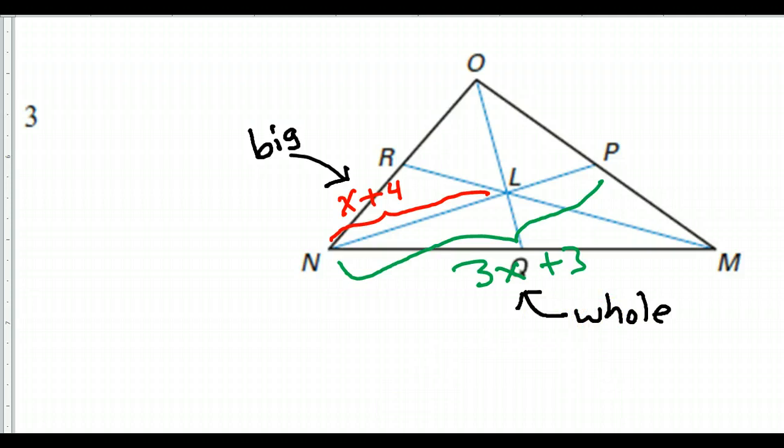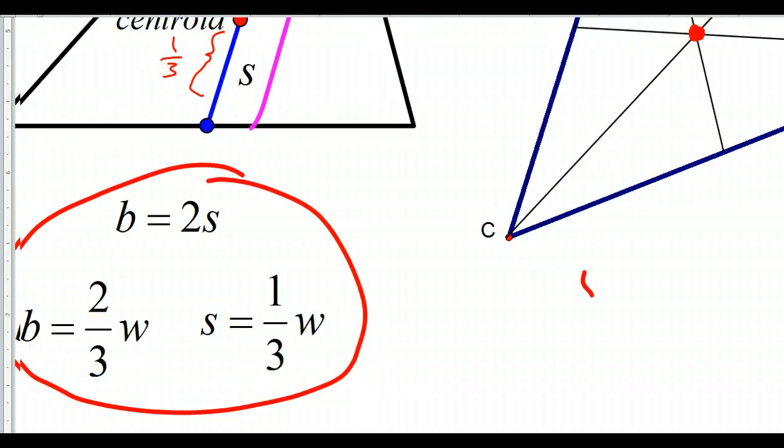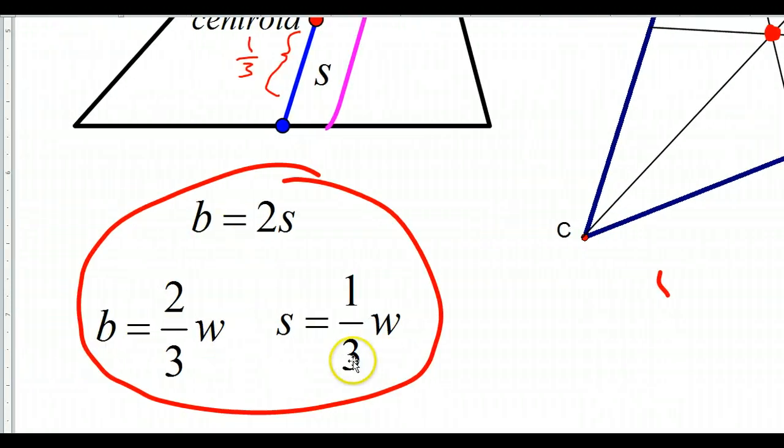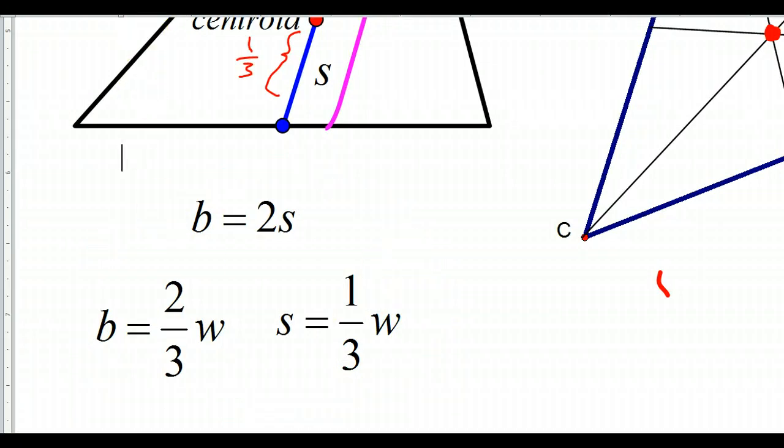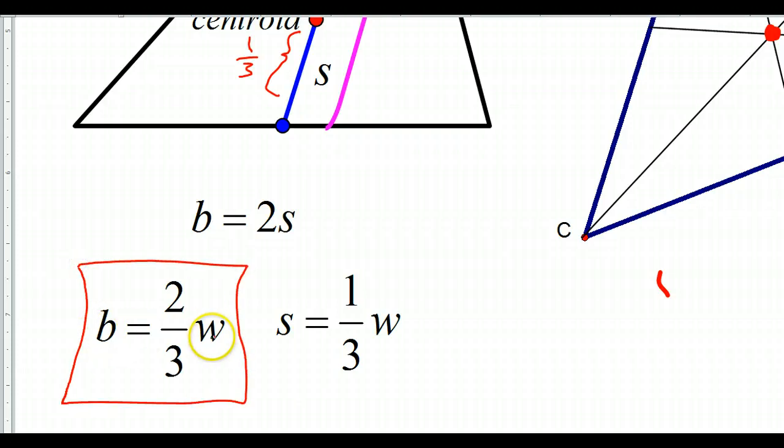So look at the formulas that we were just talking about. Which one of these formulas am I about to use? Well, goodness, I think I'm about to use this one. This is the relationship between the big piece and the whole thing. The big piece is 2/3 of the whole.